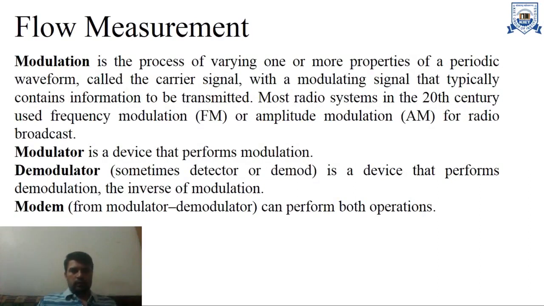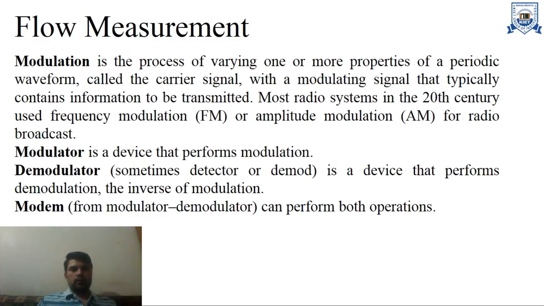Next, we have modulation. Modulation is the process of varying one or more properties of a periodic waveform, called the carrier signal, with a modulating signal that typically contains information to be transmitted.